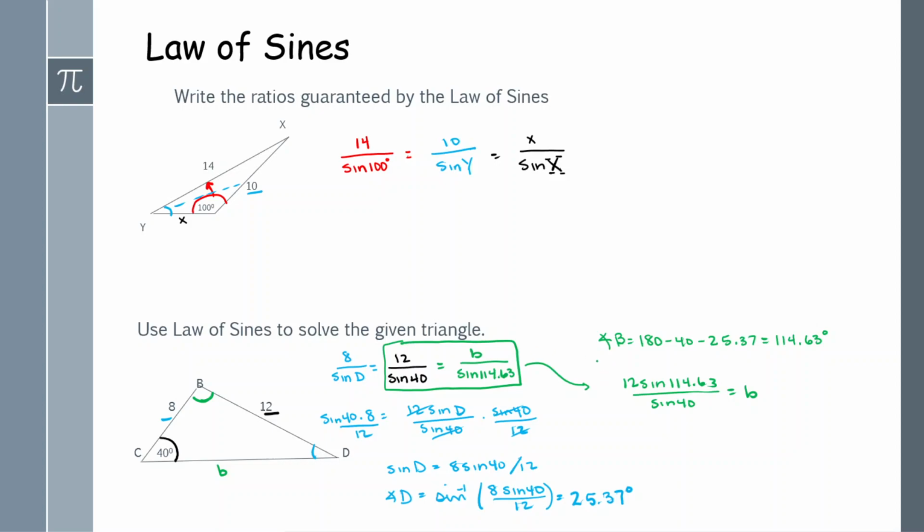So now we can go to the calculator for that. And what I end up with is that side B is 16.97. So we have found all three sides.